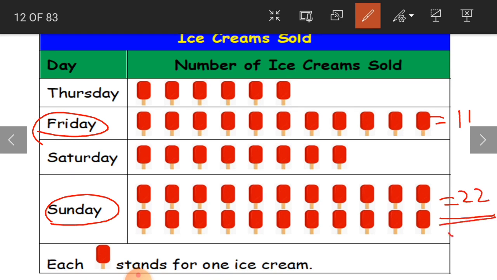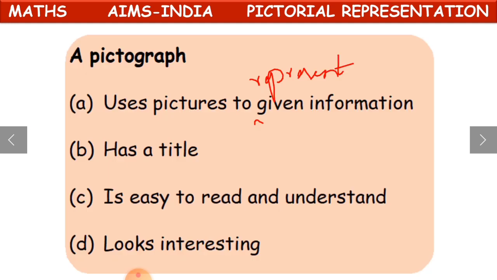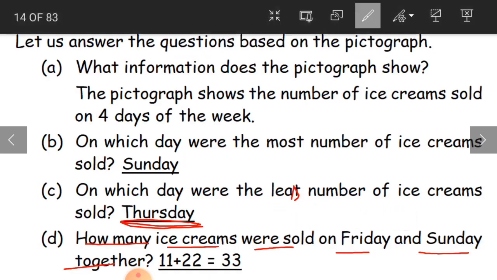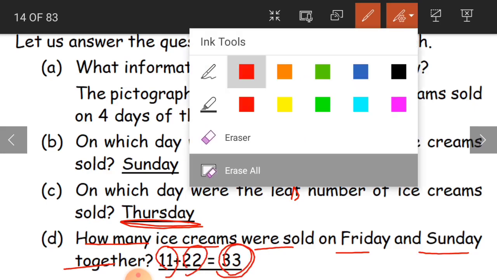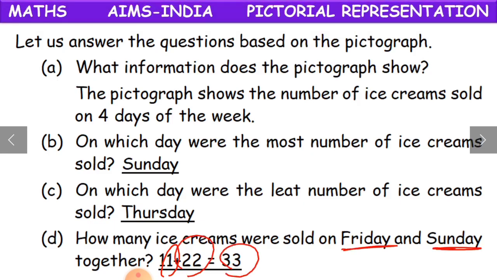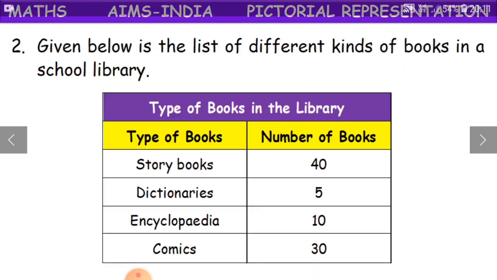So what is the total? 1 plus 2, 3. So a total of 33 ice creams were sold on Friday and Sunday together. See here, the total is 11 plus 22, 33. 11 were sold on Friday, 22 were sold on Sunday. Altogether, 33 ice creams were sold.